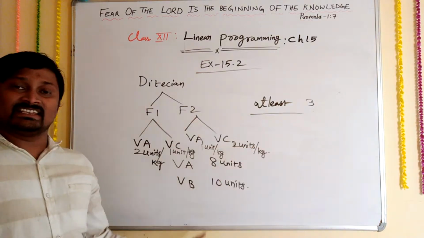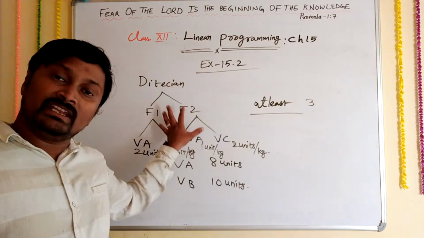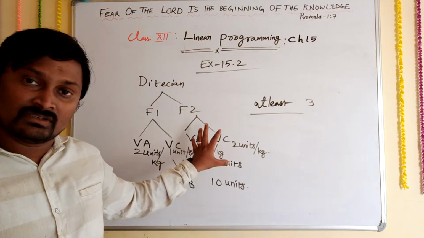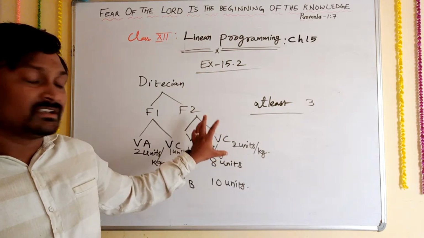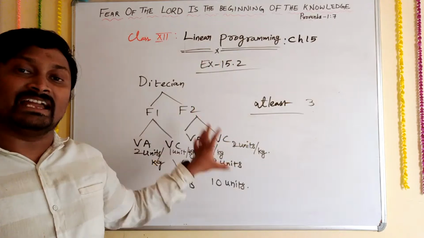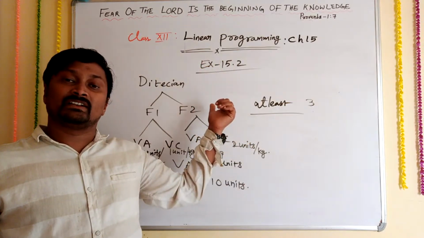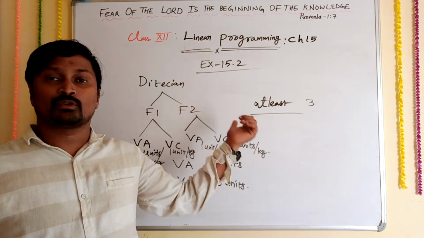These are the things they have given, totally in normal language. That statement language you have to convert into mathematical language, then apply the graphical method for the solution of the linear programming problem.